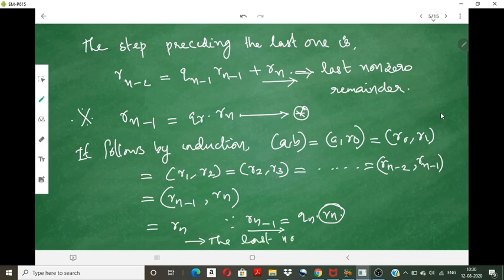Rn is the last non-zero remainder. Thus we have given an algorithm for finding the GCD of two integers A and B. So let's stop here. Thank you all.